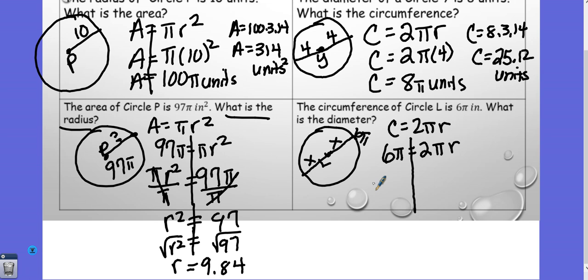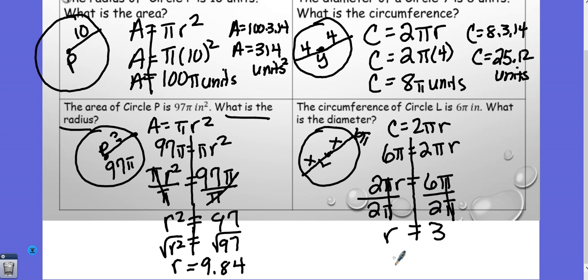And I'm going to switch this around so I can find my r. So I divide by 2 pi. This is a coefficient in front of r. And you can use your calculator. The pi button is on your calculator. And you can see here the pi's cancel out. And so 6 divided by 2 is 3. So the radius is 3. So if both of these are 3, then the diameter is equal to 3 plus 3, which is 6.